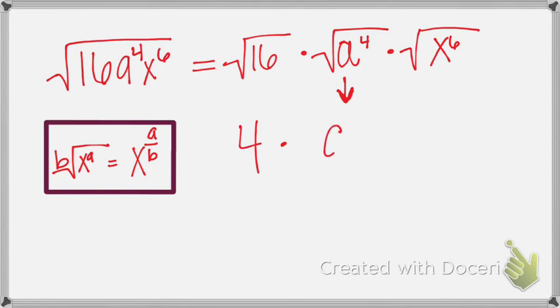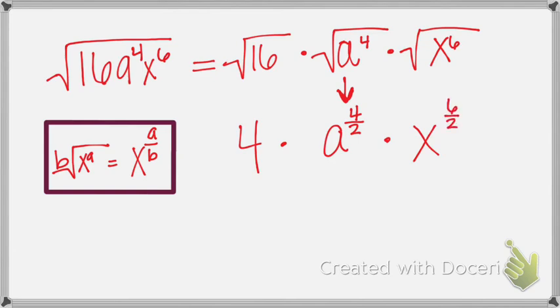So I've got a to the what over what? Not 4 over 1, but 4 over 2 because we're taking the square root. Times x to the what over what? 6 over 2.